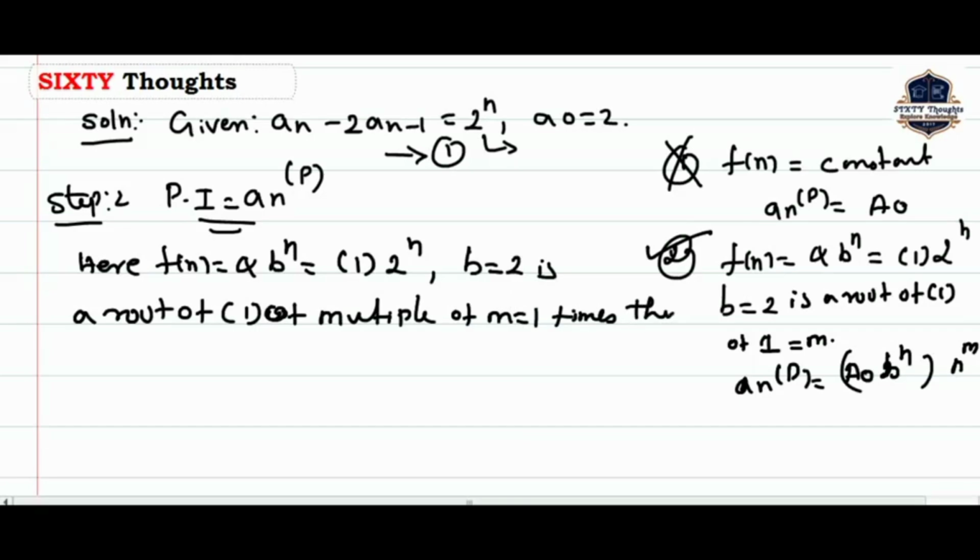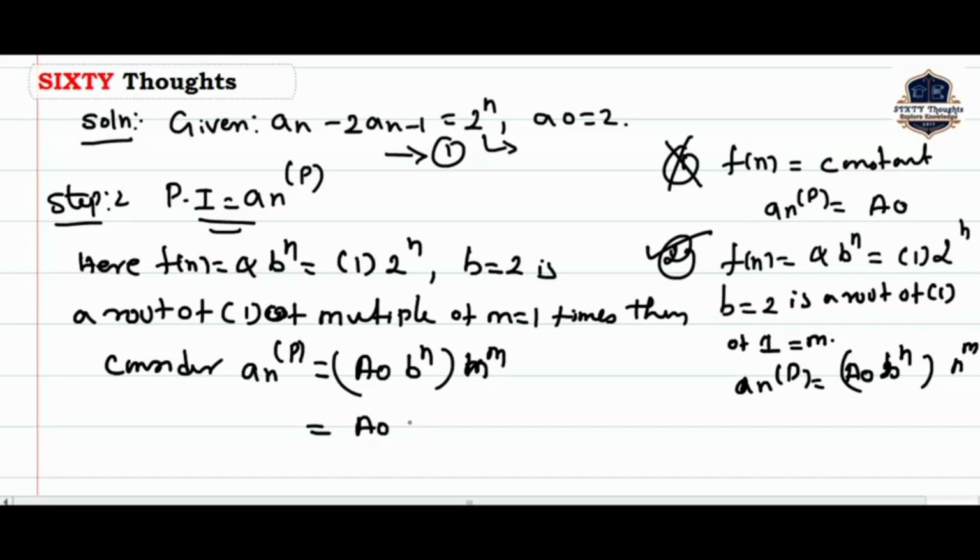So then we consider the particular solution a_n^(p) = a_0 · b^n · n^m. We know the b value is 2, and n power m with m value 1, since it is repeated only once. So this is our particular solution.